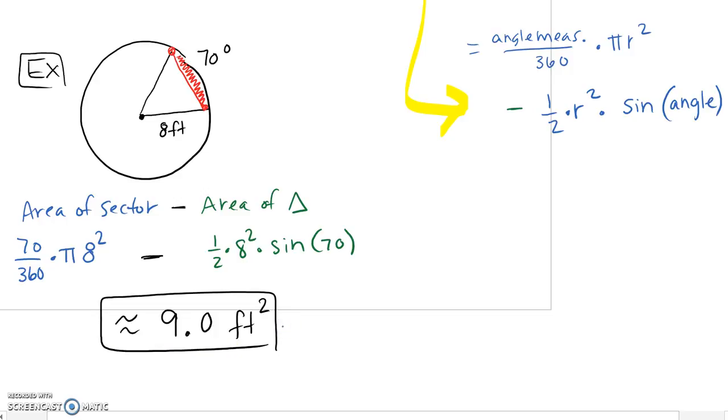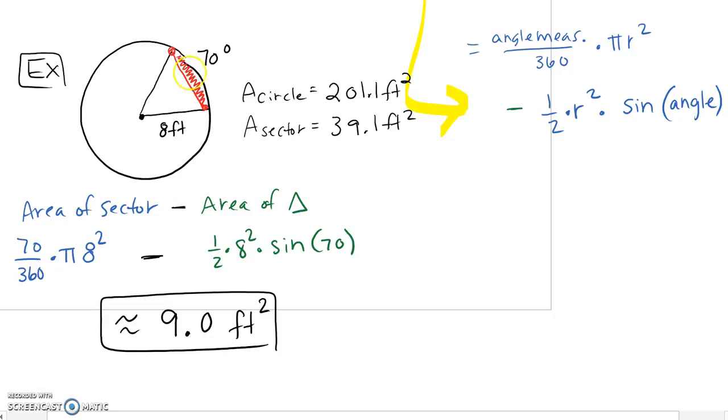So in comparison, just as a side note, the area of the circle is pi times 8 squared, about 201.1, right? Really big. The area of the pie piece, the area of the sector, is 70 out of 360 times pi times 8 squared, is 39.1 square feet.